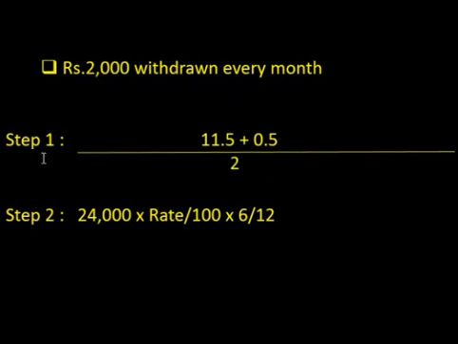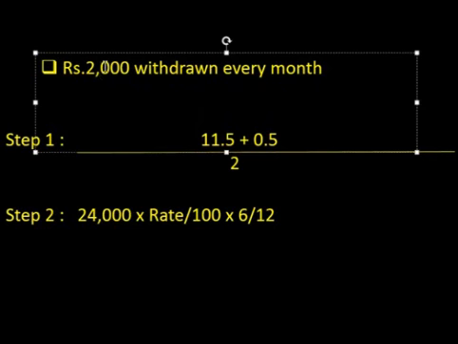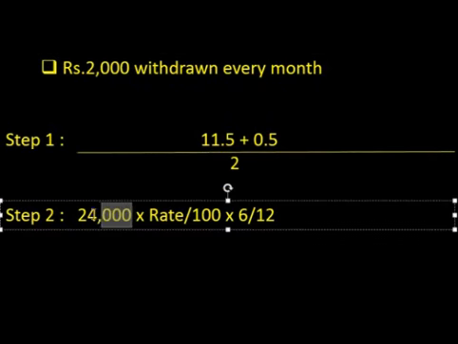After that, in step 2, write the total amount of drawing, like 2000 withdrawn per month. It means for 12 months within 1 year, total drawings are 24,000 into rate over 100. Rate, whatever rate is given in the question, 8%, 10%, sometimes 6%, rate over 100, and now do 6 by 12, because you have calculated here average period 6 months. So you will get your answer.